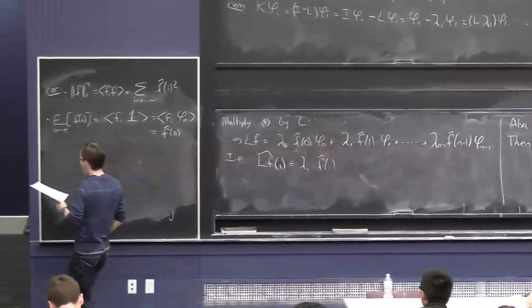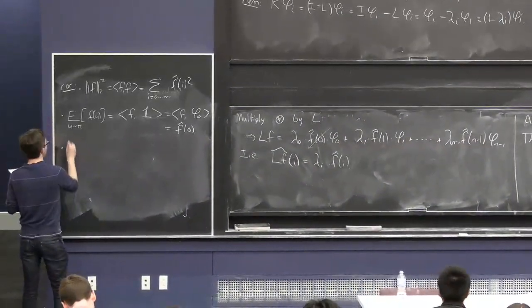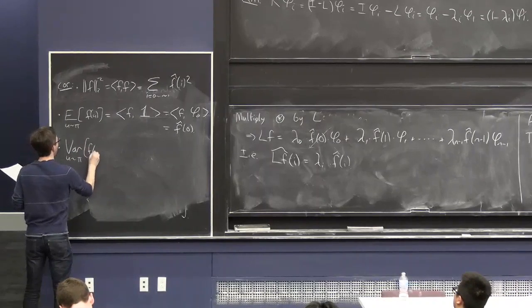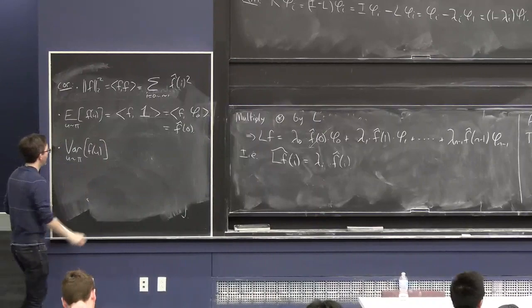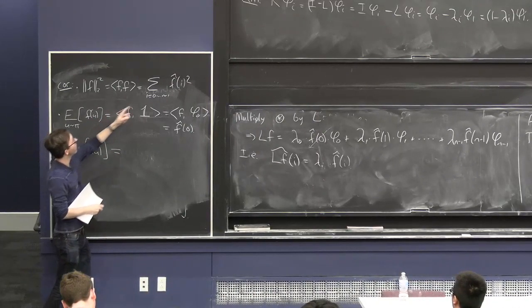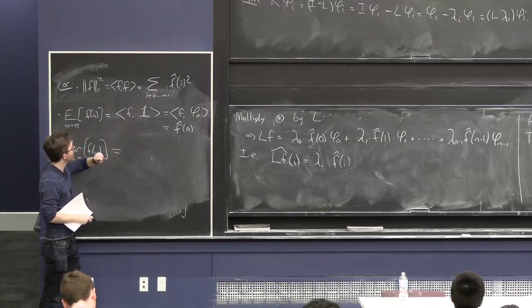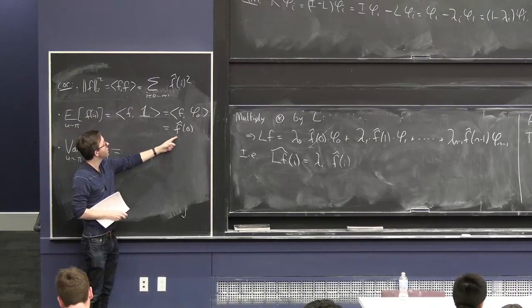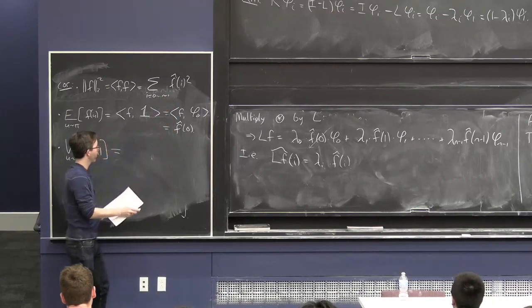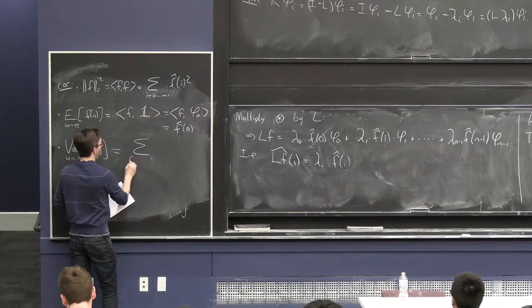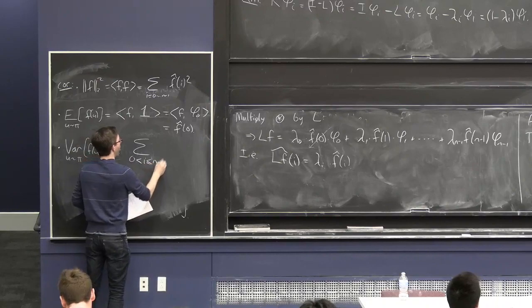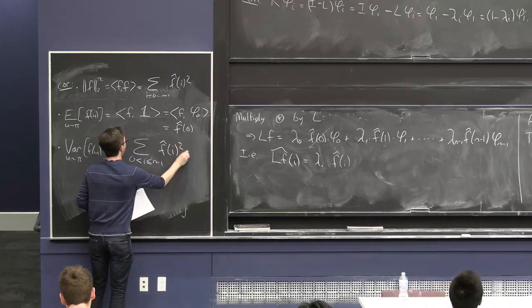As a corollary of this, we get that the variance of f of u is, well, the variance is the expected square, that's this, minus the square of the expectation, which is the square of this. So we're just taking all these terms and taking away the f hat 0 squared term. So this is the sum over all I strictly bigger than 0, in other words not equal to 0, of f hat I squared.